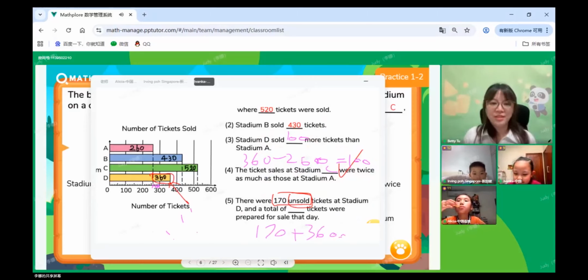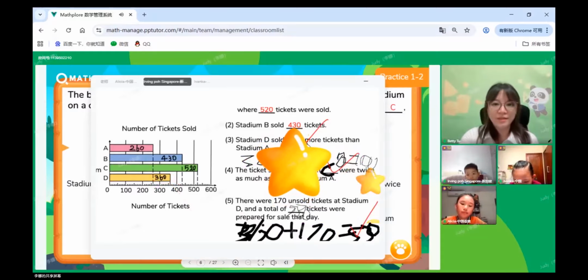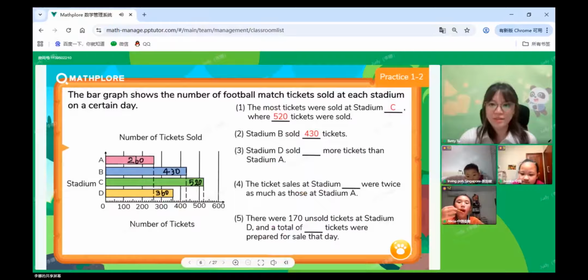Sold 360 and remaining 170, right? Good. $530. Good.